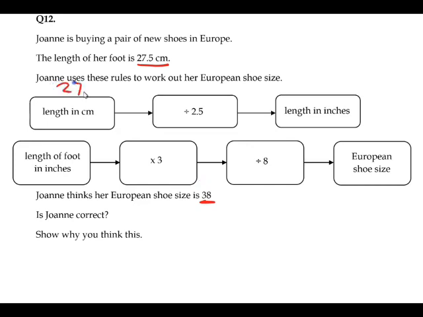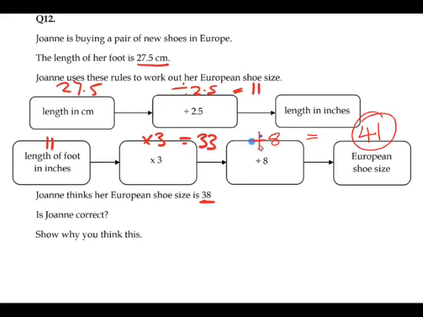So the length is 27.5 and we need to divide that by 2.5. Do this on your calculator and you end up with 11. So we have 11 inches. So we put the length of her foot in inches, which is 11, and we need to multiply that by 3. So we get 33.